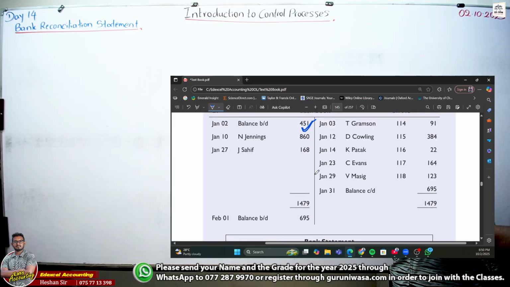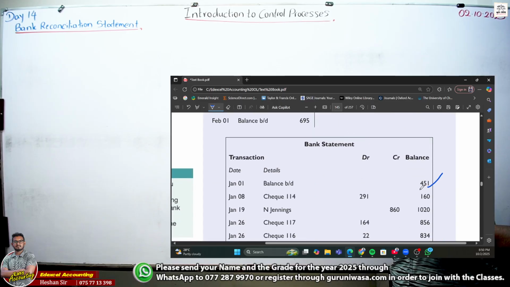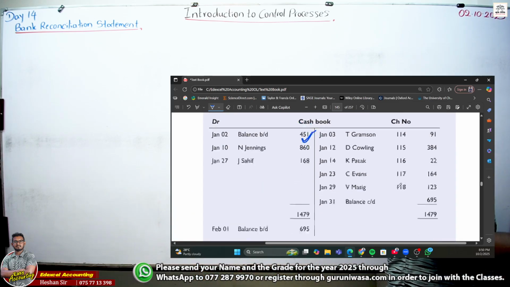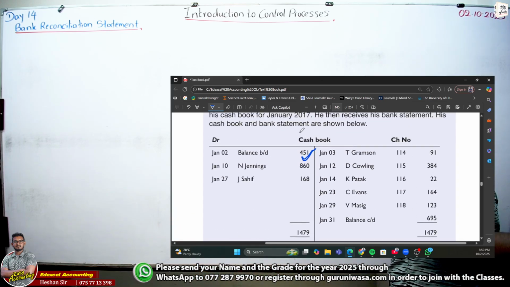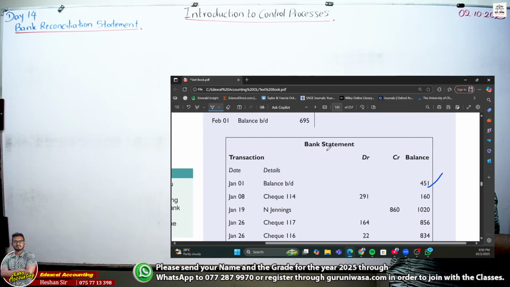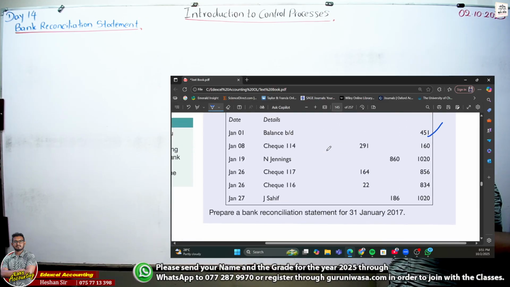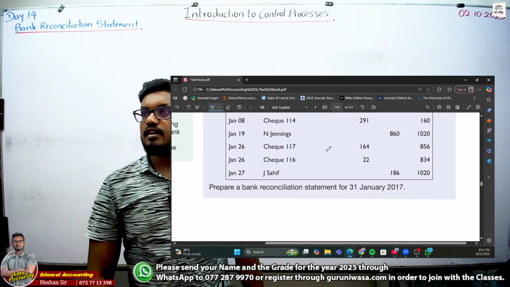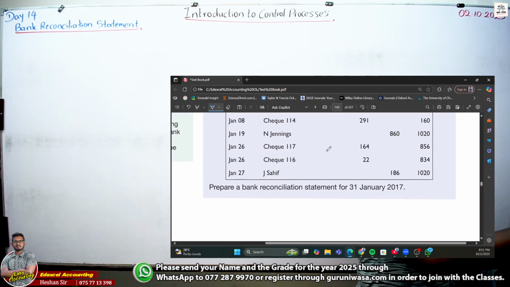The opening here is 451, and here also 451. So put a tick in here as well as in here. Now what is the requirement? Prepare the bank reconciliation statement for 31st January 2017.